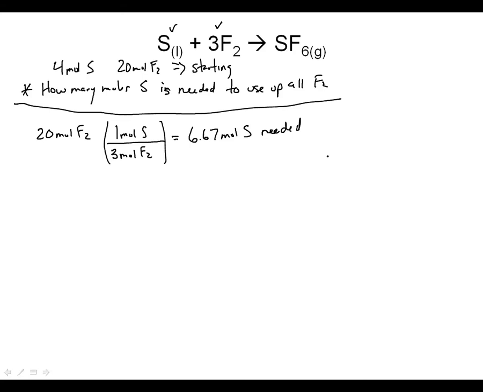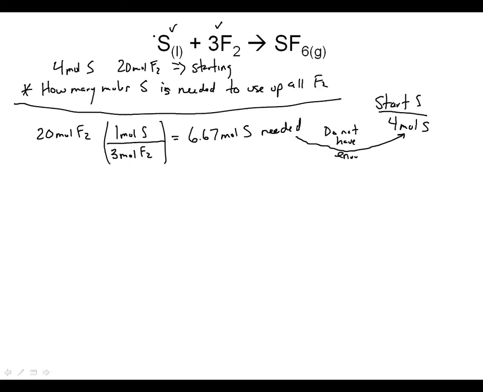So we use this to figure out, in this case, by choosing the other reactant, that we would need 6.67 moles of sulfur. If you remember, our starting amount of sulfur was only 4 moles. So when we compare these numbers, we see we do not have enough.